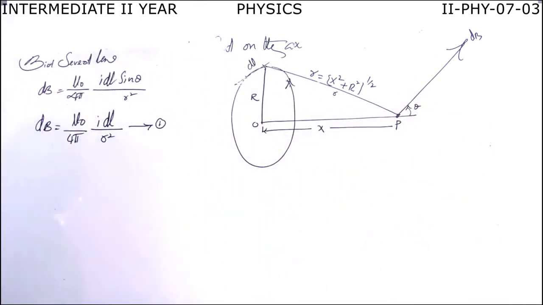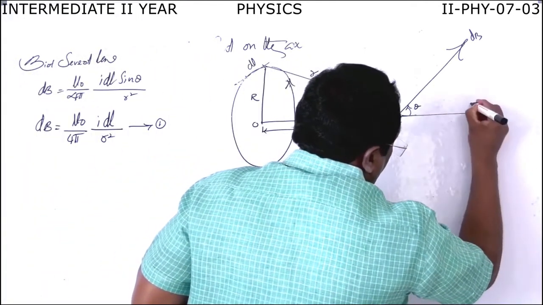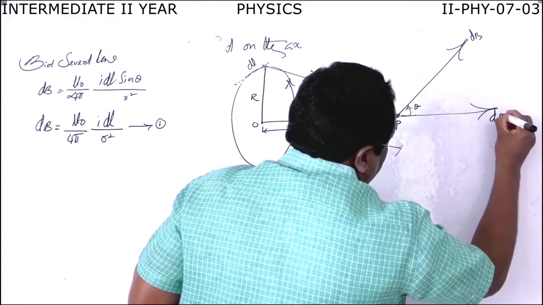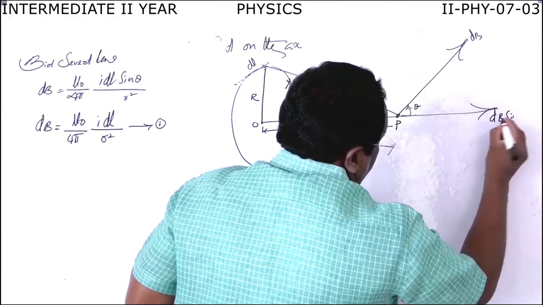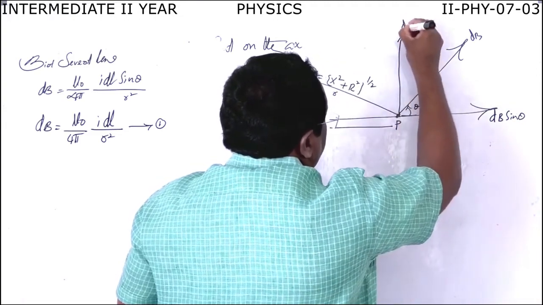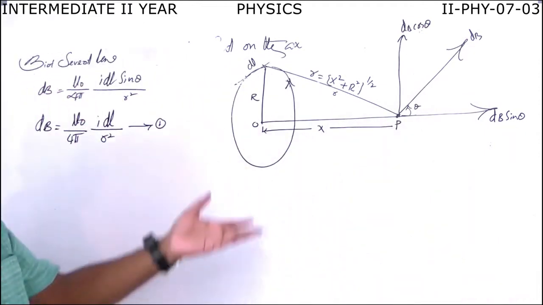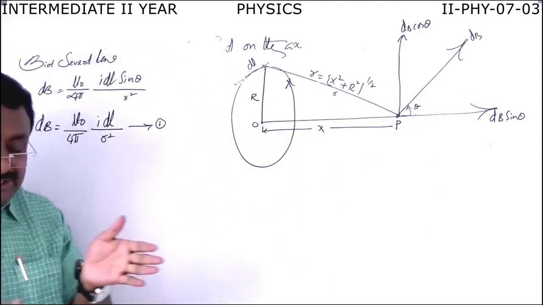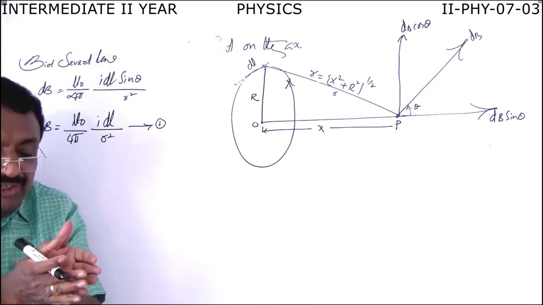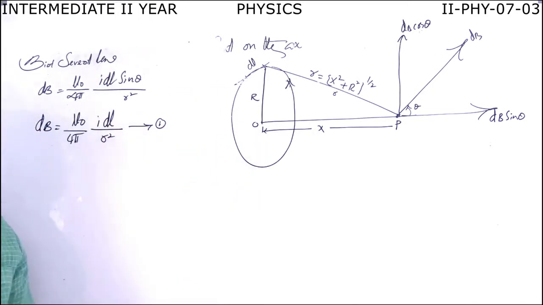Then what happens? This magnetic field is resolved into two components: horizontal component dB sin theta, vertical component dB cos theta. In various cases, a single quantity is resolved into two components, a horizontal component and a vertical component.